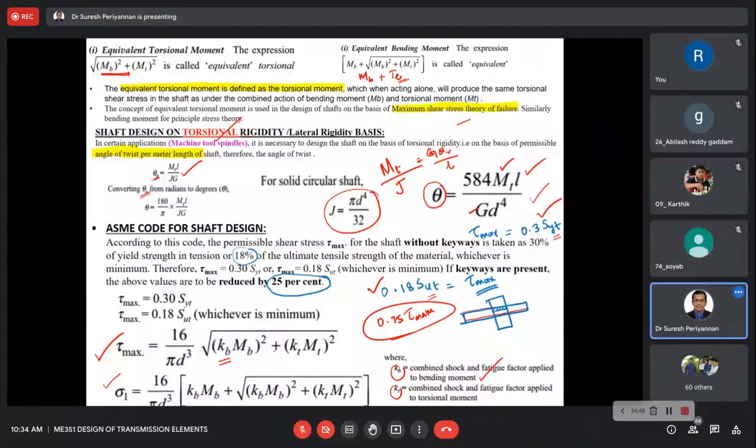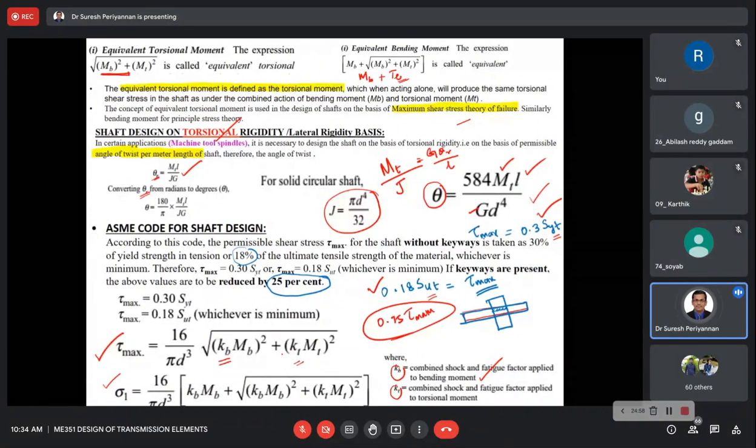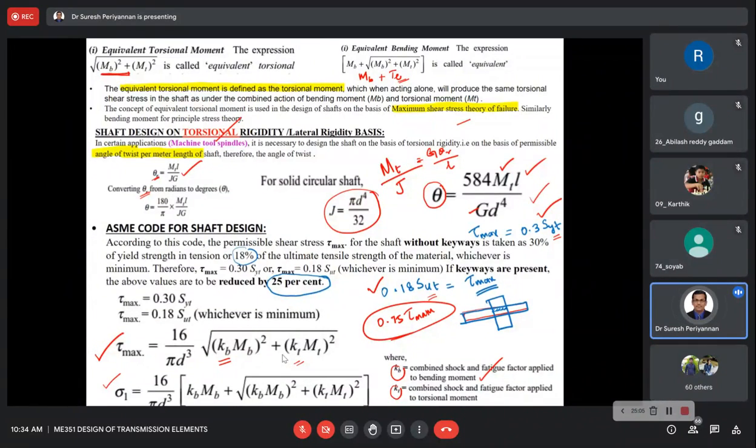Again, according to the ASME code, the bending and torsion moments are multiplied by factors KB and KT respectively, for accounting for the shock and fatigue factors in the operating condition. Now see here, sigma 1. This is the maximum shear stress theory. I just multiplied by KB and KT. Now how can I find out KB and KT?